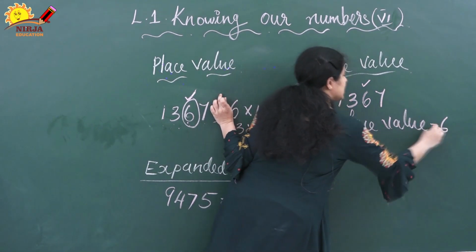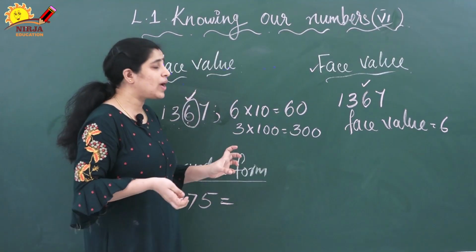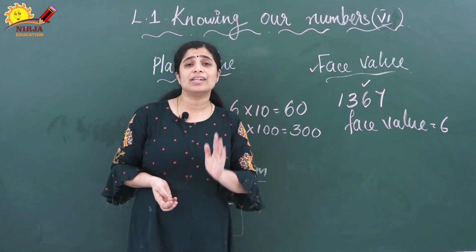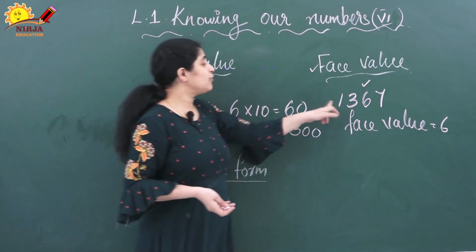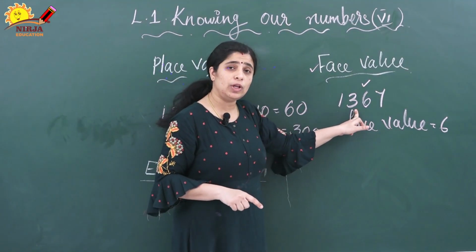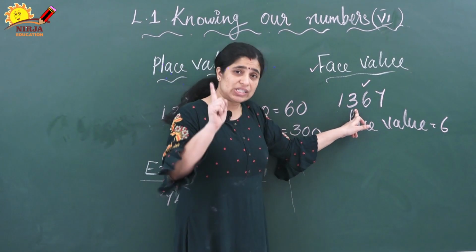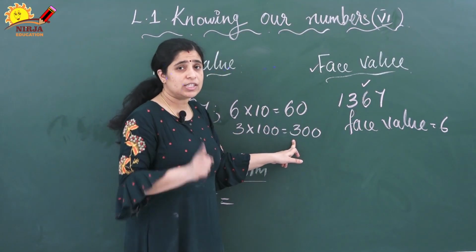If it is in tens place, hundreds place or thousands place, you have to consider the digit only. No need to consider the place. The face value of 1 will be 1. The face value of 3 will be 3. The face value is 3 but the place value is 300. Are you getting my point?